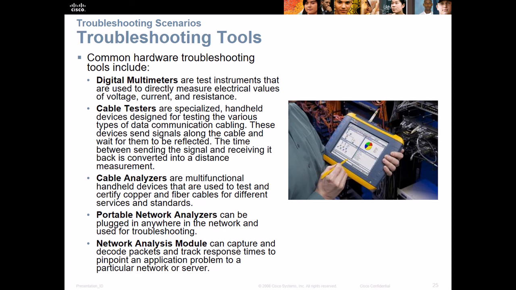You can use cable testers to see if the cable is good: you send a signal in the cable, and you tap it on the other end so the signal can loop back. If the signal does not loop back, then there's a problem in the connection in the cable. Cable analyzers, portable network analyzers, and network analysis modules, which could be very expensive, look at the whole network, and they can pinpoint where the problem might be.